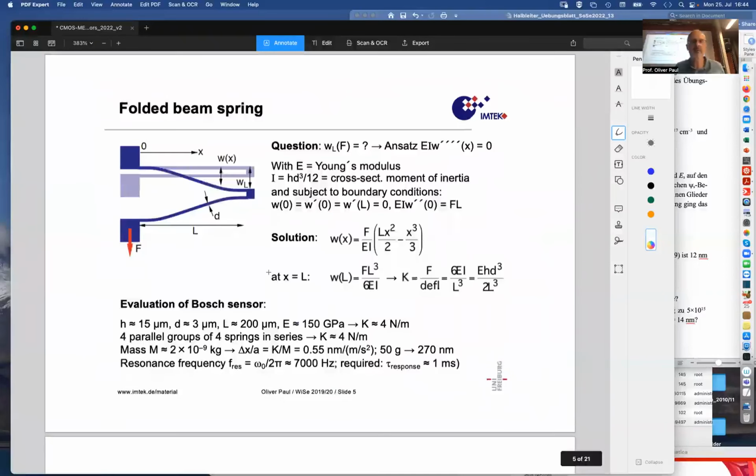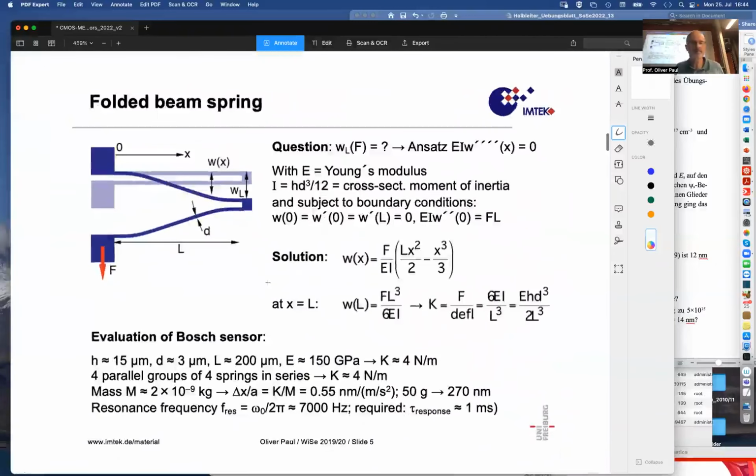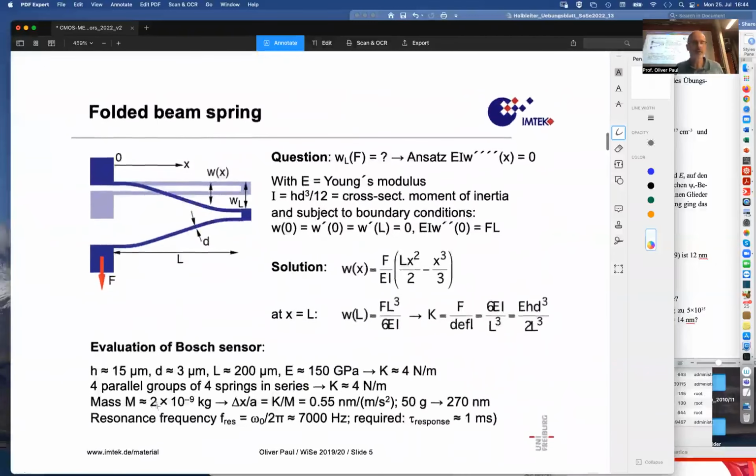Actually, I think I estimated the mass here to be 2 times 10 to the minus 9 kilogram, 10 to the minus 6 gram. So it's a microgram. That's the silicon, the piece of silicon that moves here with all its fins and everything. 2 microgram. And now we would like to know about these springs.